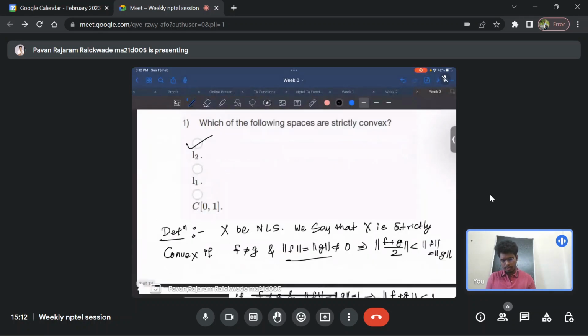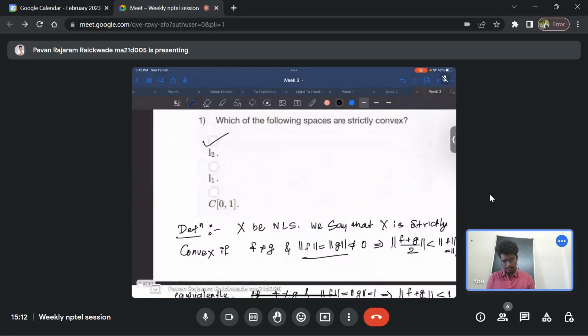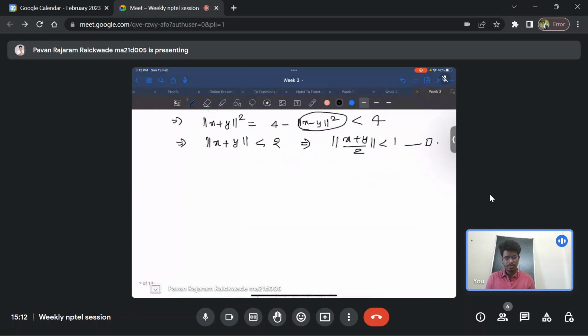Okay. How about L1? Anyone have an answer? Someone is saying no. Take e1 and e2. Their norms are one, so it satisfies the condition for strictly convex.